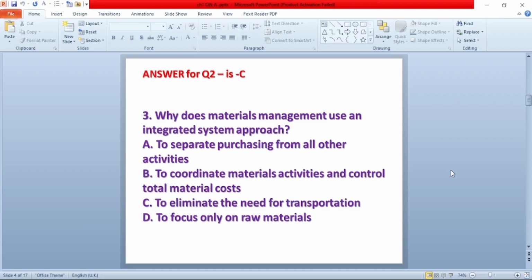C. To eliminate the need for transportation. D. To focus only on raw materials. The answer for this question is B. To coordinate materials activities and control total material costs.